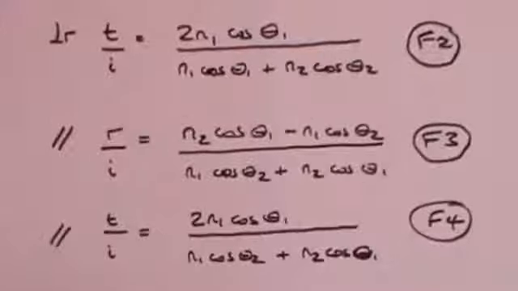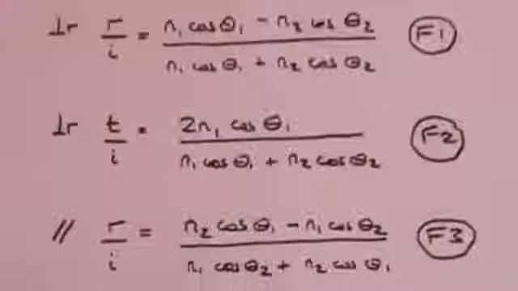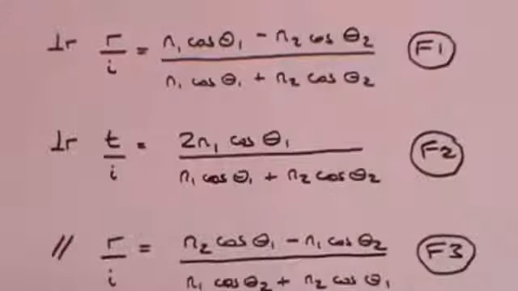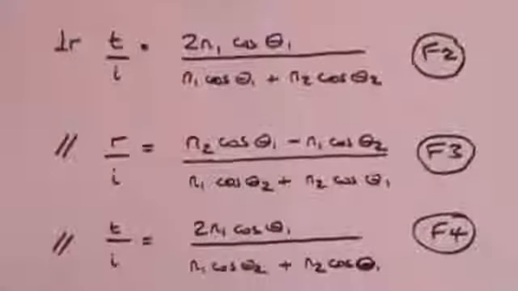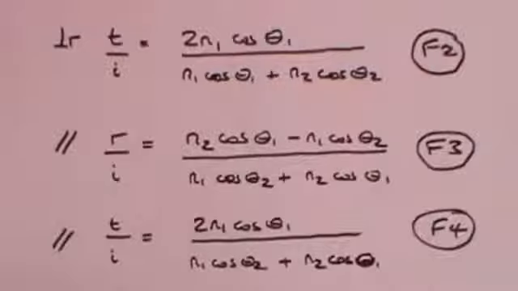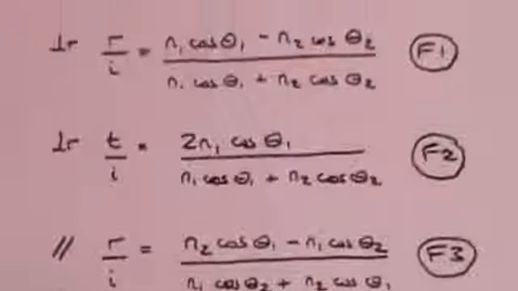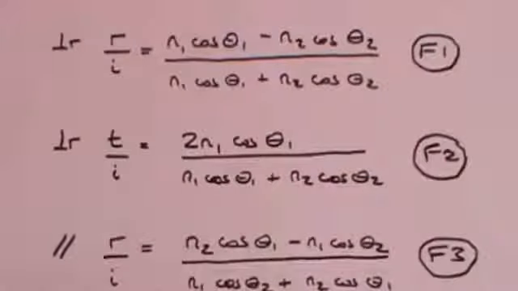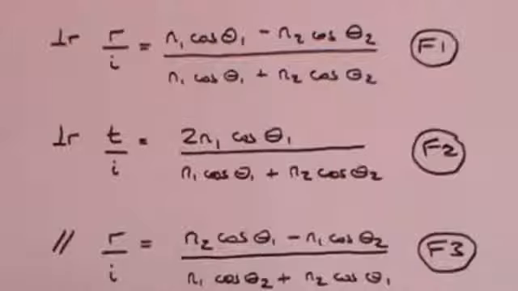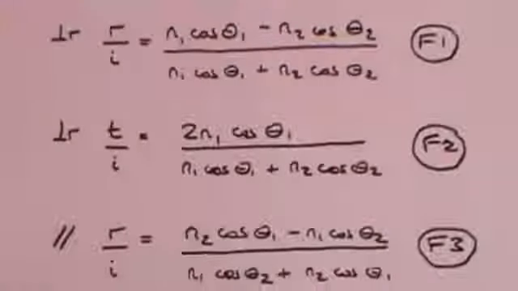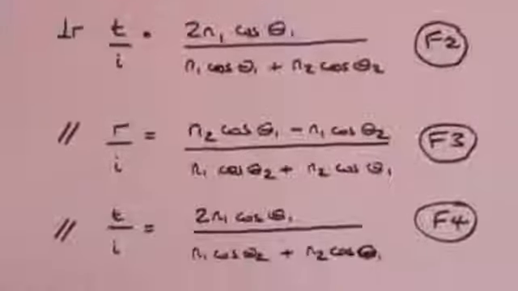If I scroll up, those are the four Fresnel equations that we have just derived, which for the perpendicular and parallel components of the E vector reveal in each case the reflected E vector compared with the incident E vector and the transmitted E vector compared with the incident E vector.